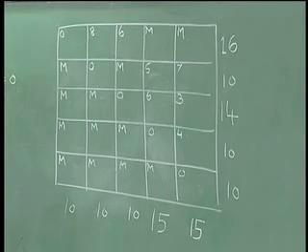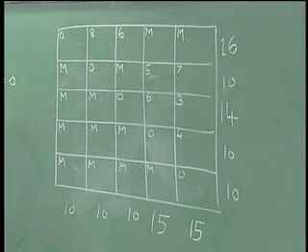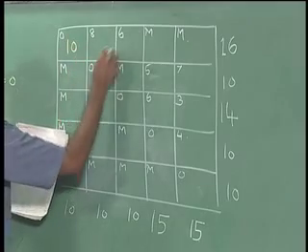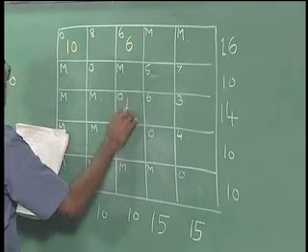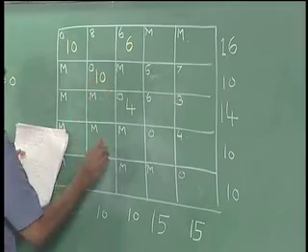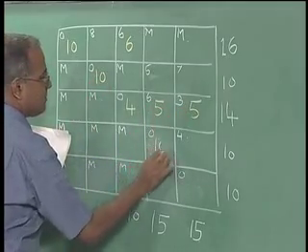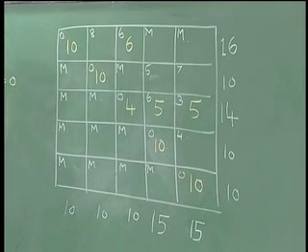Now we have created the transportation problem, and we can solve it using the standard Vogel's approximation followed by UV or any other method. If we do so, we will get a solution like this. This will be our solution to the transportation problem.